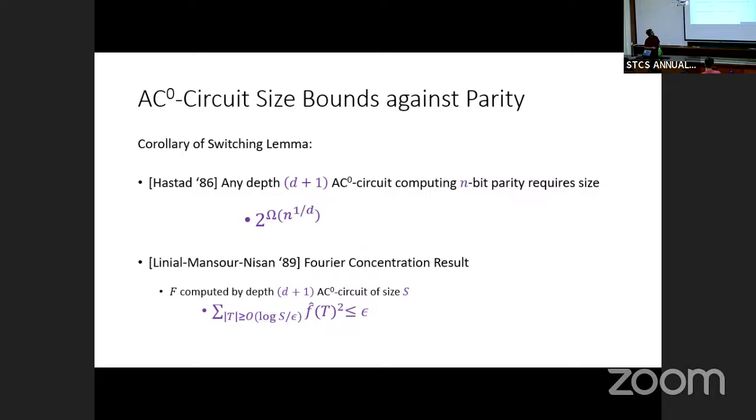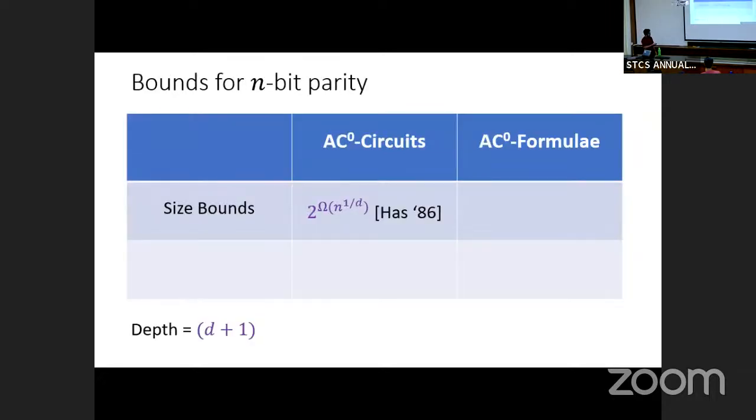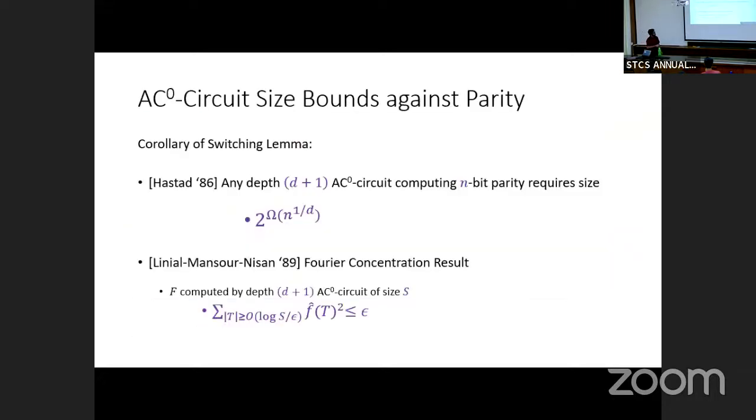Because of this difference, we get the result that small size, small depth circuits will not be able to compute parity. If you require the circuit to have small depth, then it will end up having this large size.